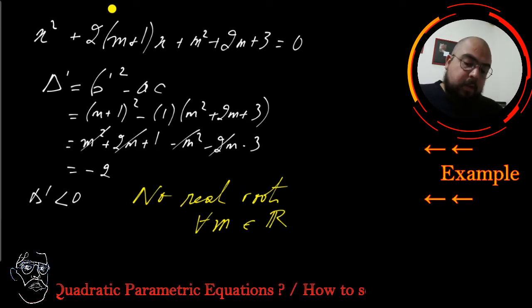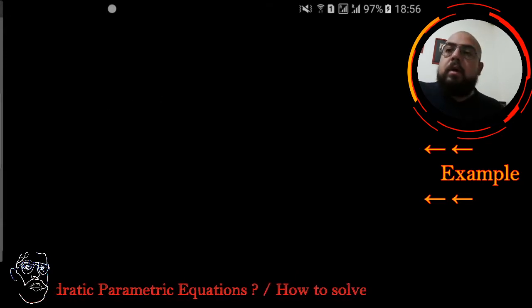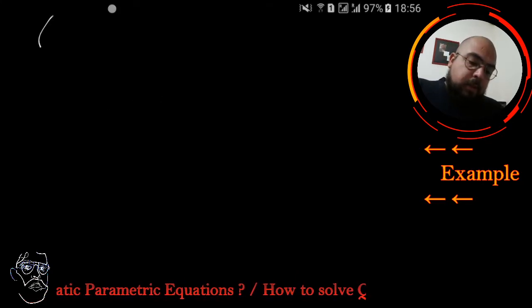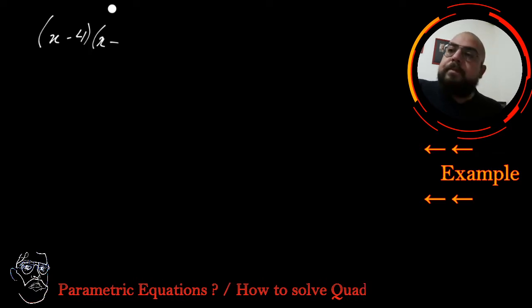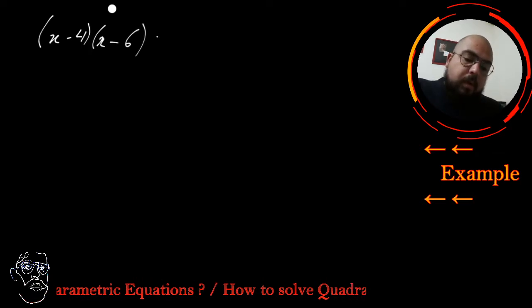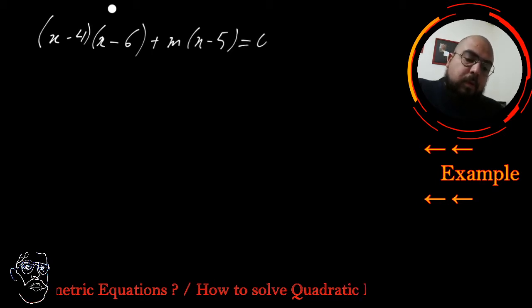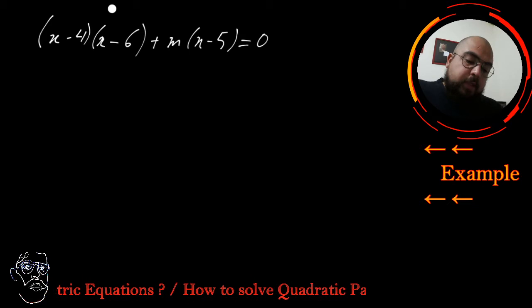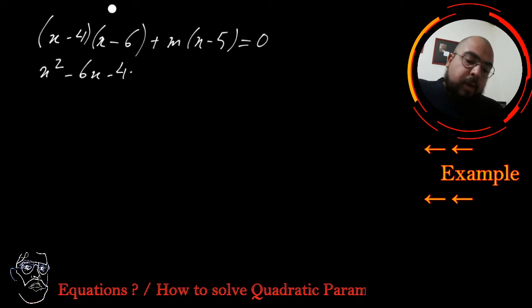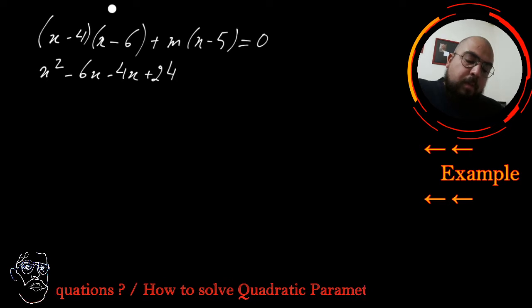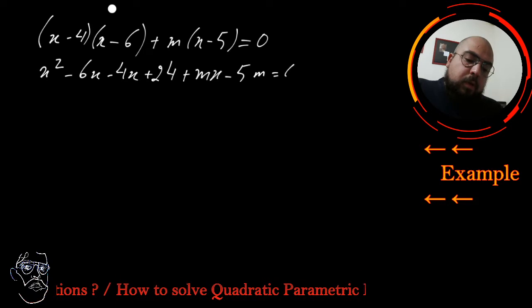Now let's take the second one and discuss it. The second example is (x minus 4) times (x minus 6) plus m(x minus 5) is equal to 0. I will have to expand it, so it's x squared minus 6x minus 4x plus 24 plus mx minus 5m is equal to 0.